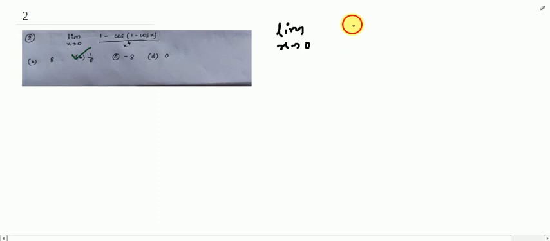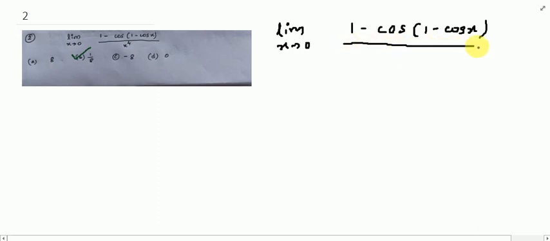So this is limit of x tends to 0, 1 minus cos of 1 minus cos x. Here in place of x we have 1 minus cos x, therefore it should be divided by 1 minus cos x whole square.